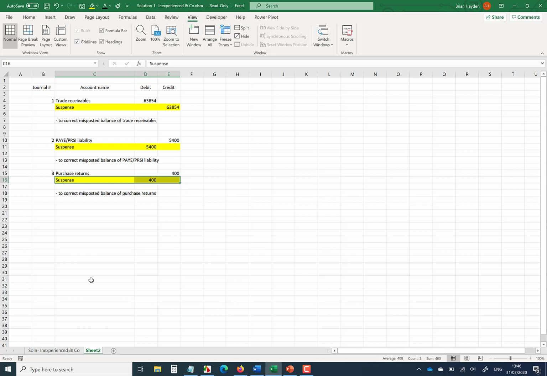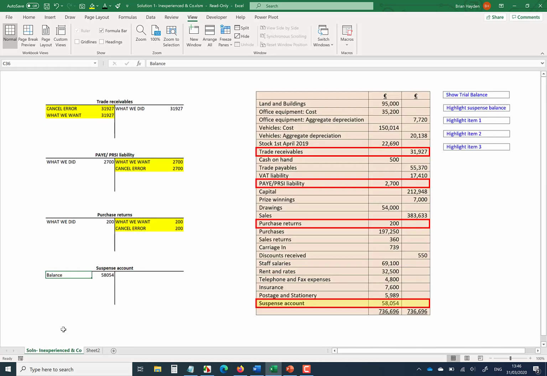Okay, so 1 credit and 2 debits. So now I go back here, we've got 1 credit, 63,854, and then 2 debits, okay, 5,400 and 400. And the suspense account balances out, which means that we've sorted out all the errors. So that's the solution to this suspense question done.